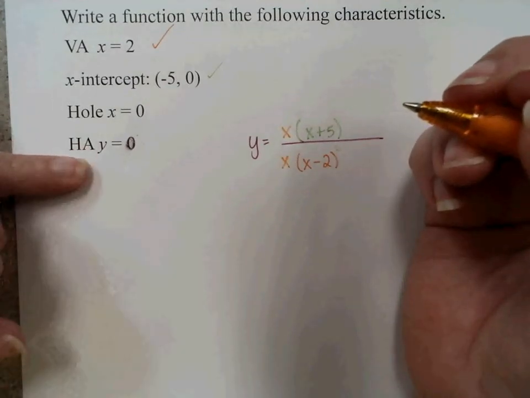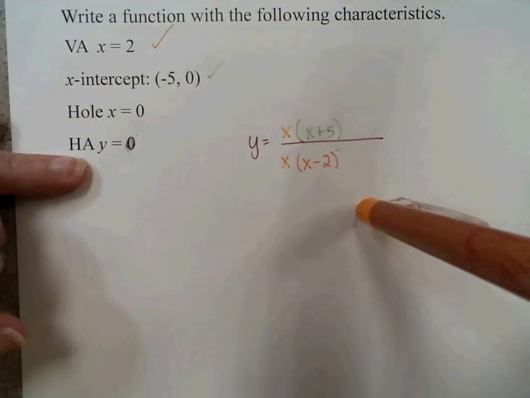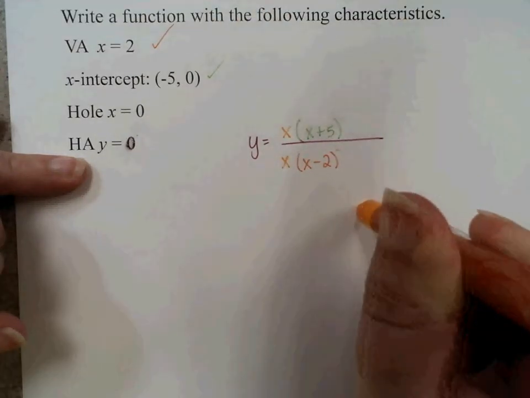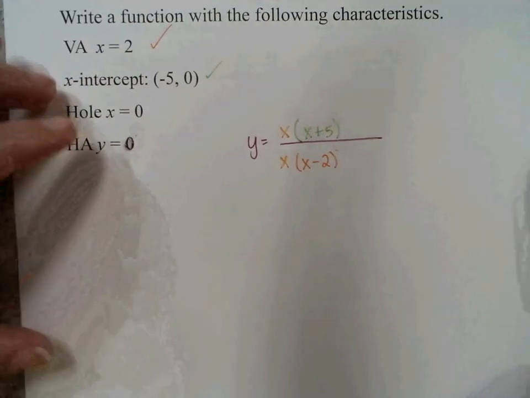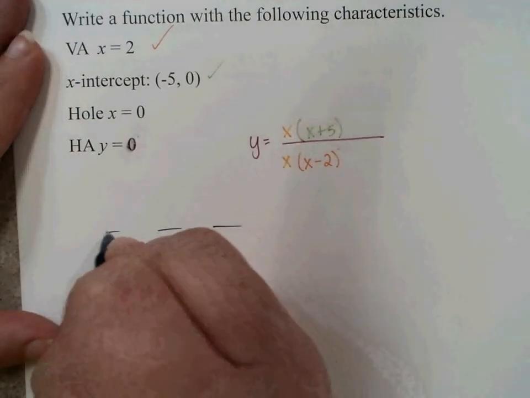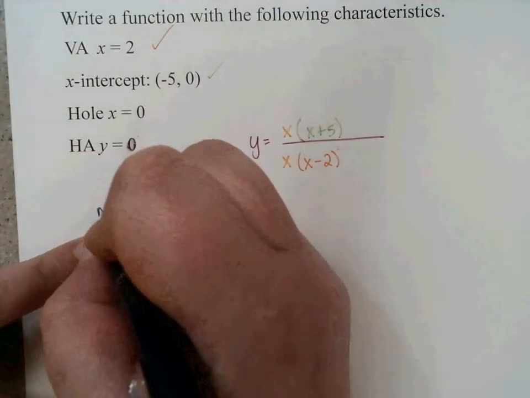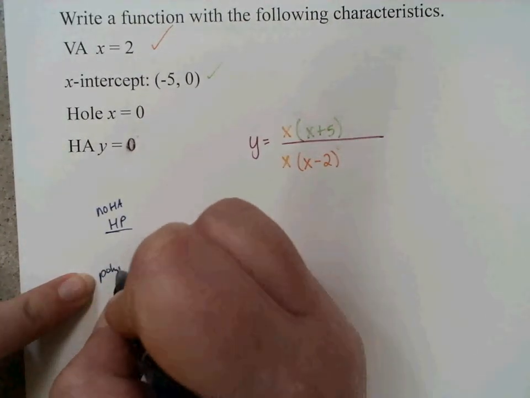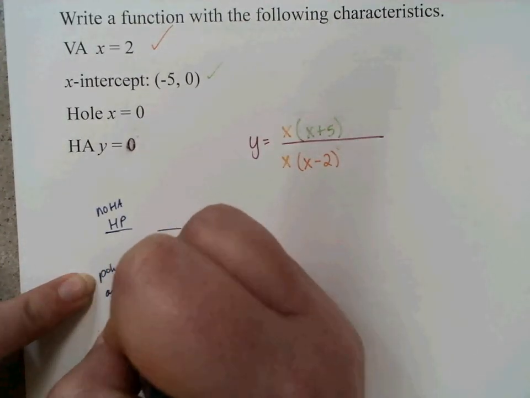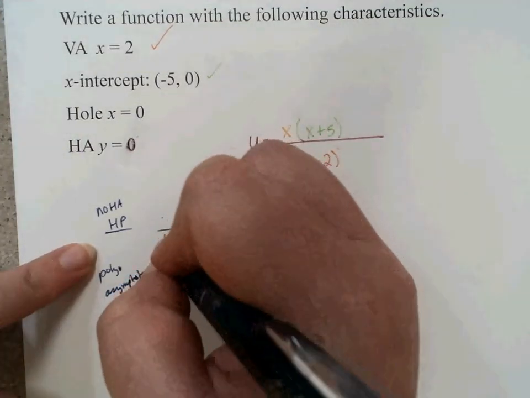Now I need a horizontal asymptote at 0. A horizontal asymptote at 0 is a situation where, remember, you've got 3 different options for your rational functions as far as horizontal asymptotes. You can have the higher power in the numerator, which means no HA, you've got a polynomial asymptote.